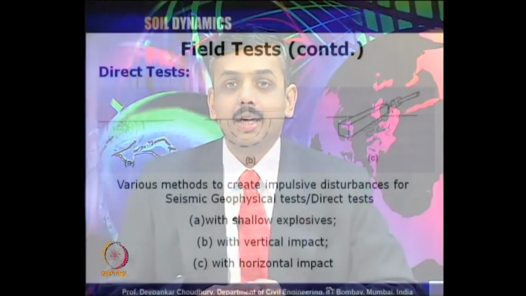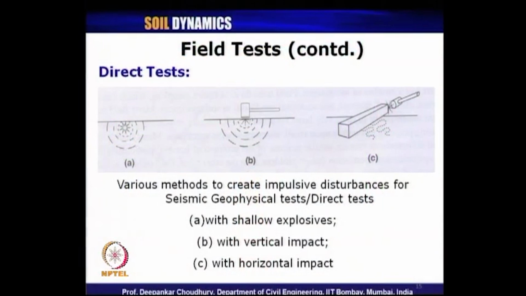So, now for different types of direct test for this field testing, what is the basic methodology? That we have to create a vibration in the soil. That is the basic criteria to do a direct test for the dynamic soil properties. So, to create an impulse or a vibration within the soil, there are various types of methods.